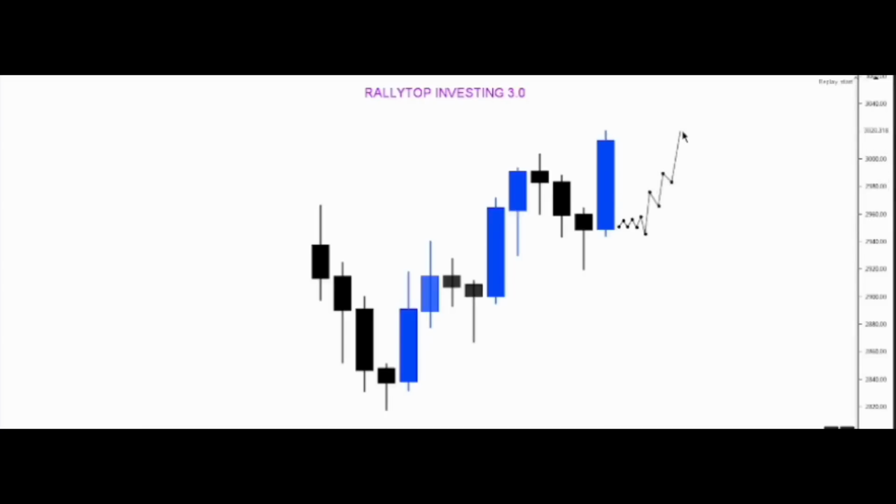Once it gets to that high, price retraces to close just here, and then it will start ranging somewhere there, waiting for the next day. This is the actual way that these candles are formed and closed. So in a bullish candle, you are looking at the open, low, high, close.